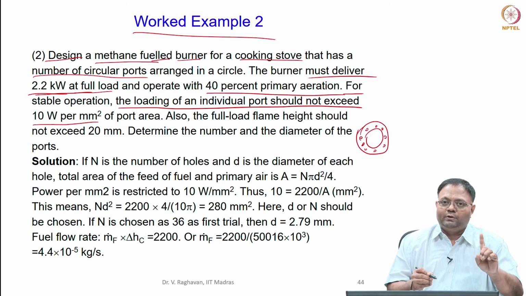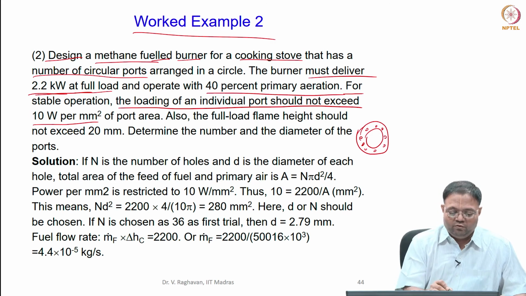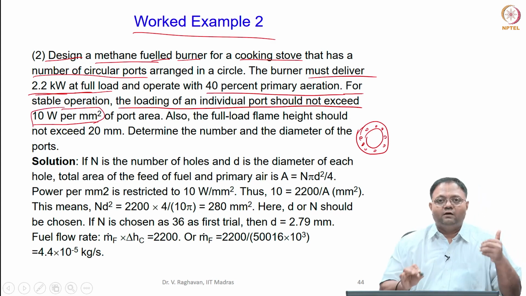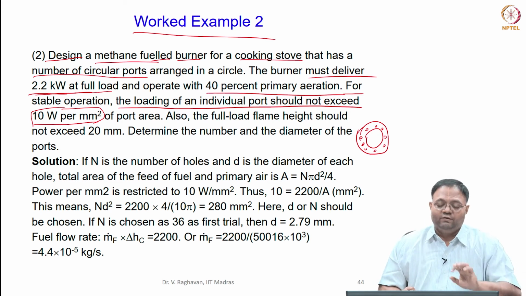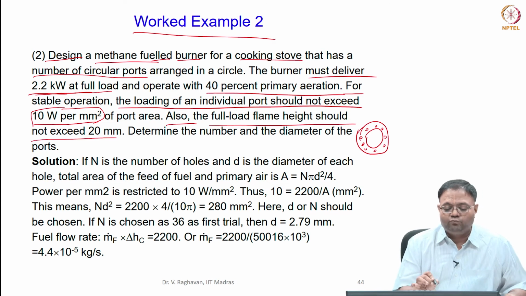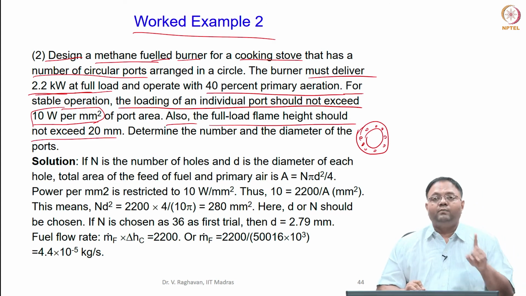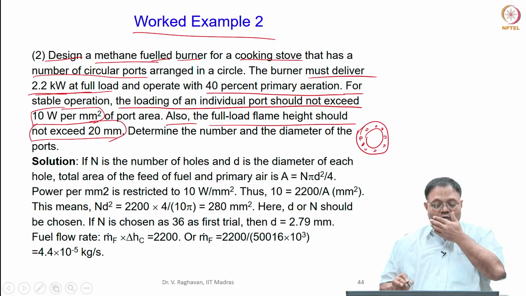So, you take one particular port, the maximum power flux will be 10 watt per mm square. So, this is the constraint we have. Second constraint, also at the full load the height of the flame from an individual port should not exceed 20 mm. So, these are two constraints.